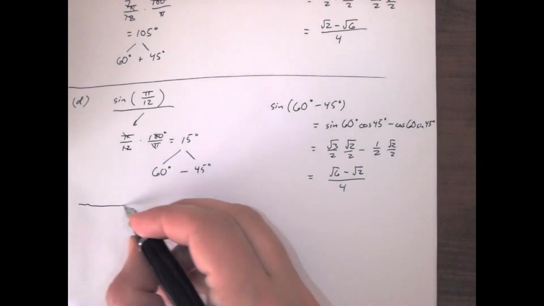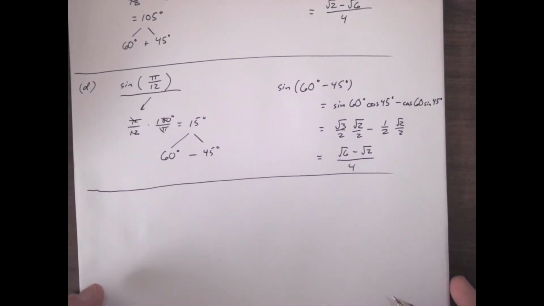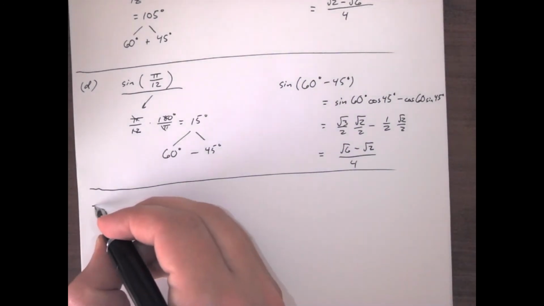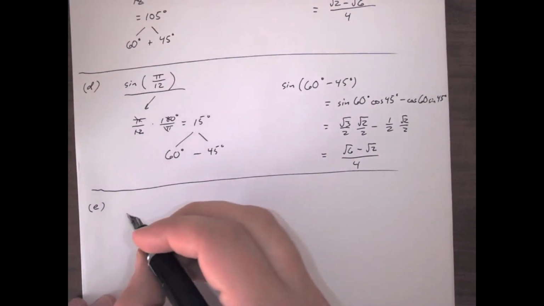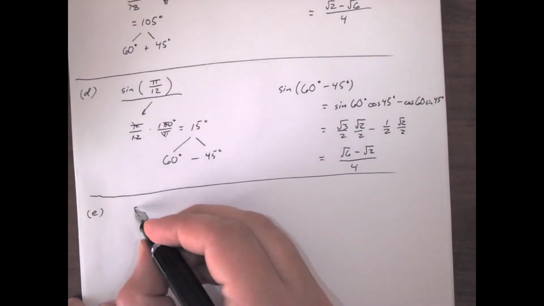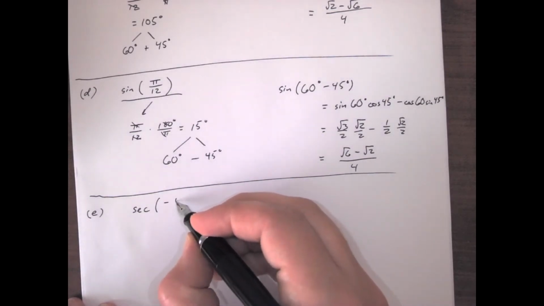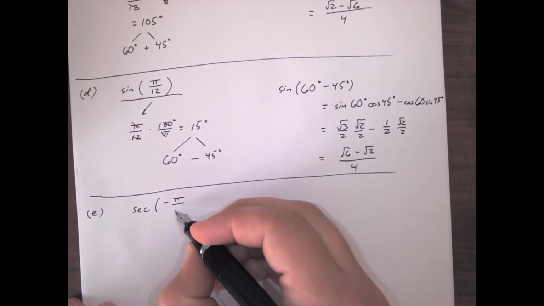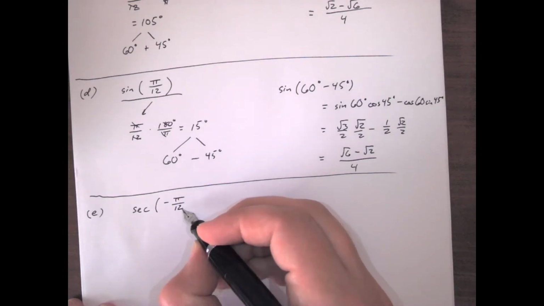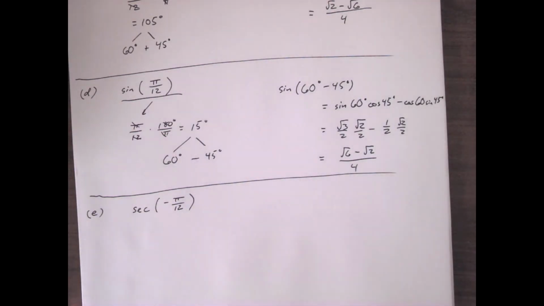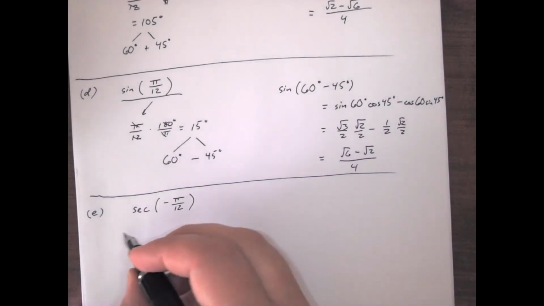All right, well, how about something like this? So the secant, let's go with that. The secant of negative pi over 12. So you notice there's going to be a lot of pi over 12s going on in this particular section anyway, and that's because out of the ones that we do know, these are the easiest combinations to produce that make ones we don't know.